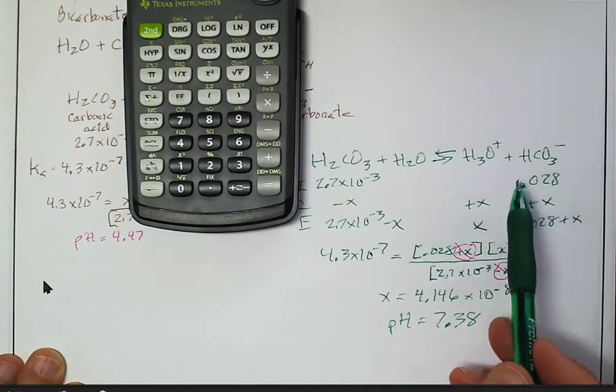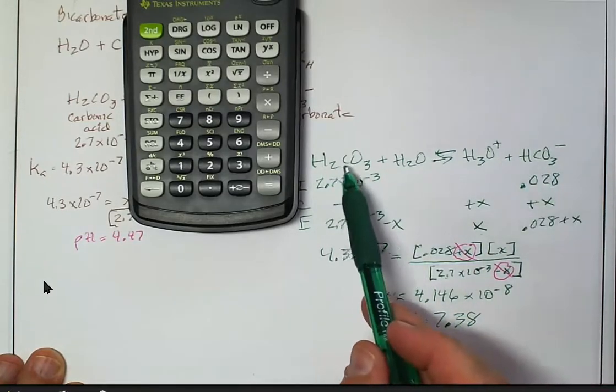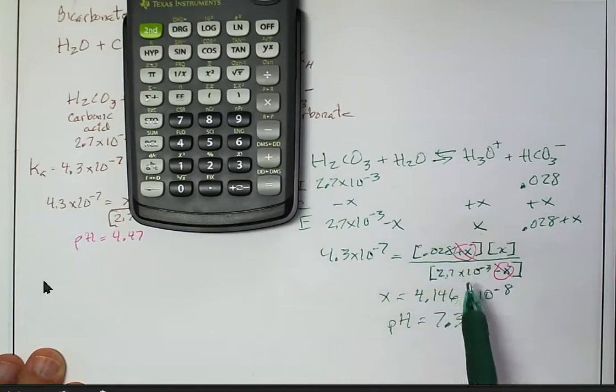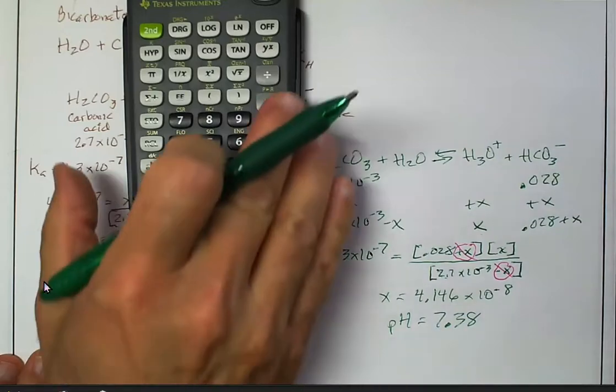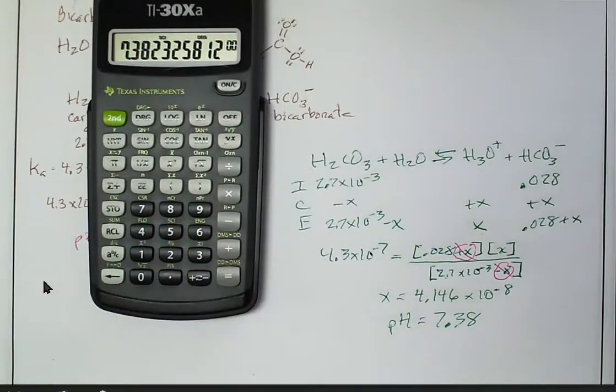The bicarbonate that's already there keeps the carbonic acid from ionizing as much. And by the way, 7.38 is right there in the normal range for blood. pH of blood needs to stay right around 7.35, 7.4, somewhere right around in there. Okay? So that is a very plausible pH for blood.